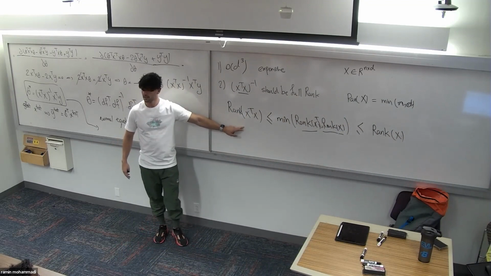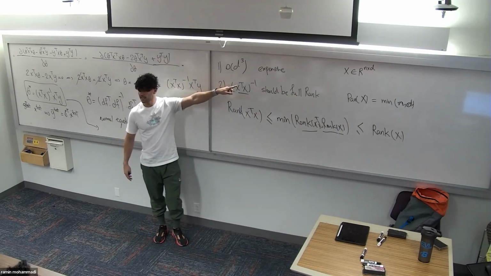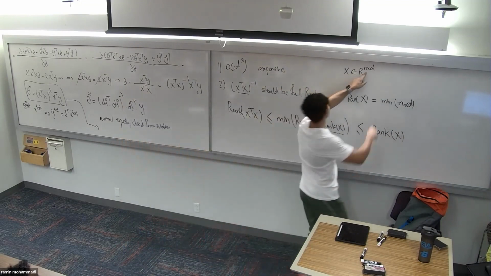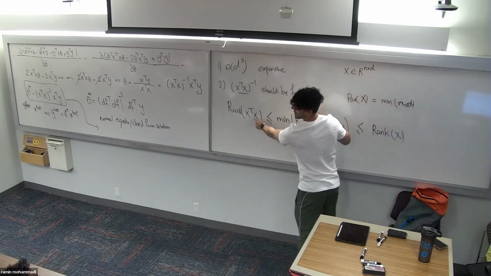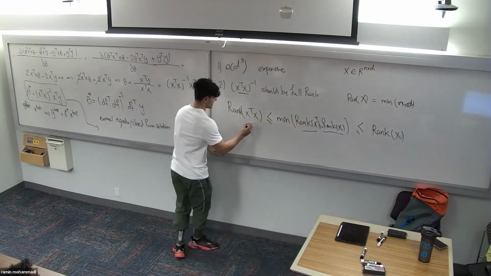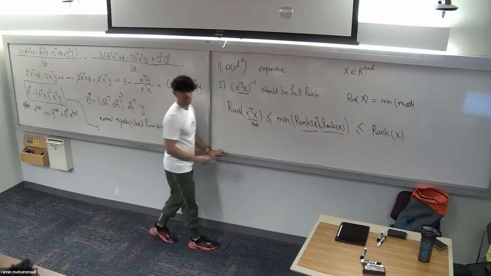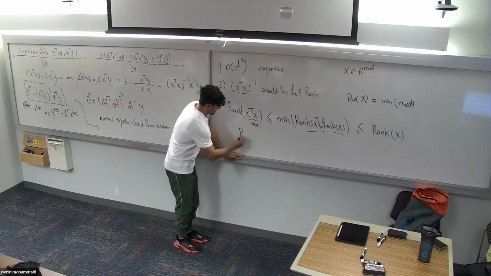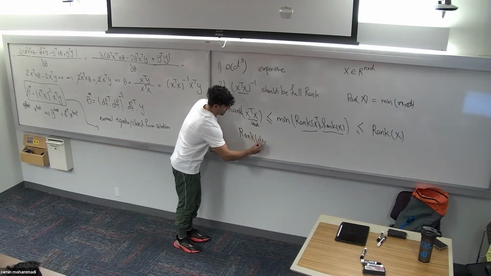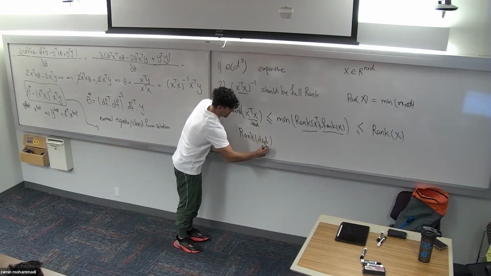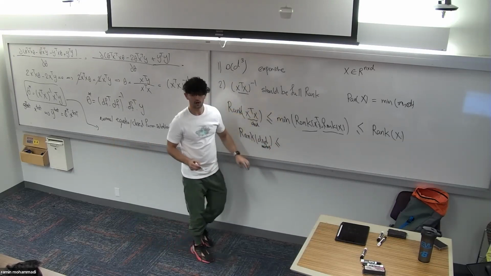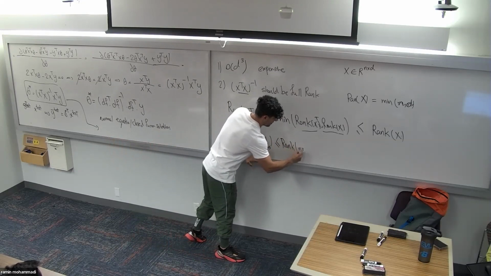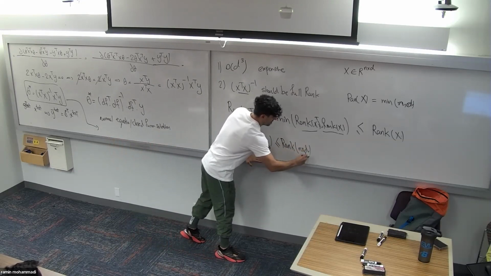X is N by D, so X transpose becomes D by N. D by N times N by D becomes D by D. So the rank of a D by D matrix should always be less than or equal to the rank of X, which is the rank of an N by D matrix. Does that make sense? Yes.